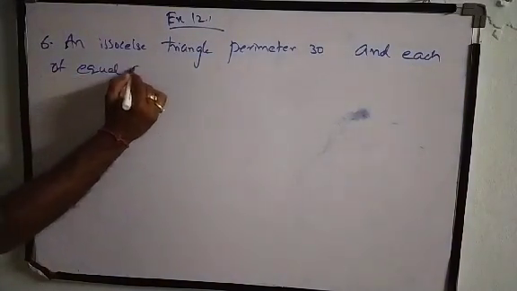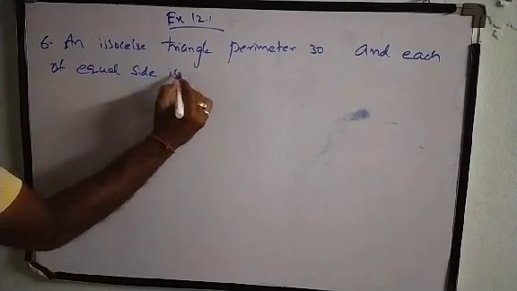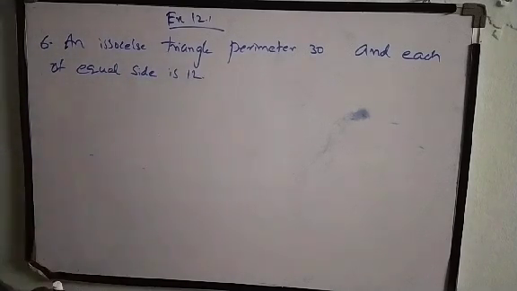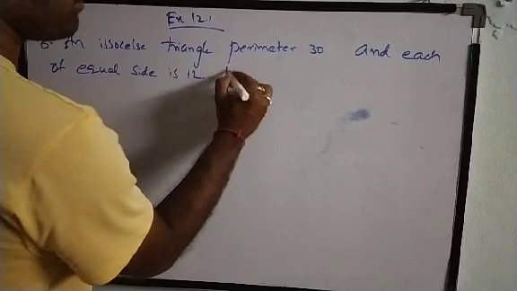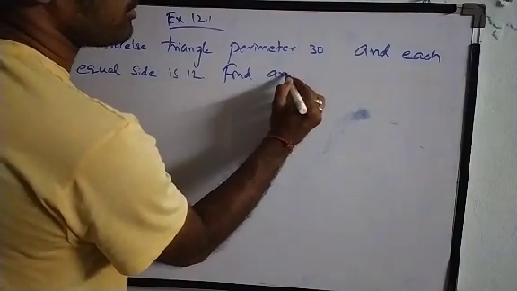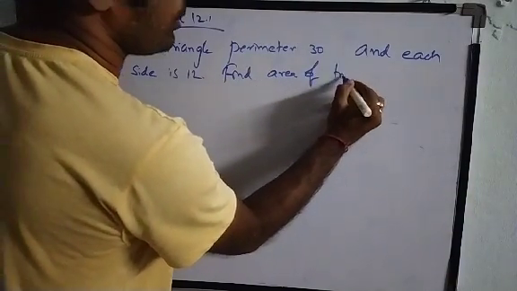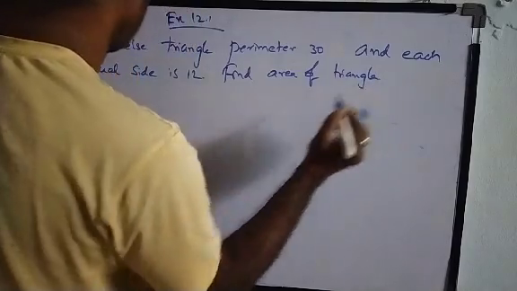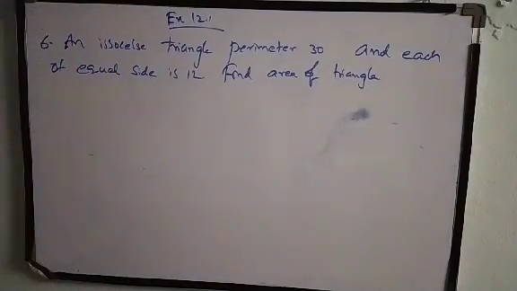Find area of triangle. So an isosceles triangle is there.